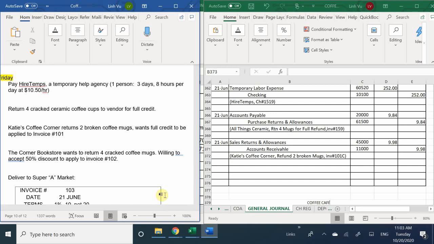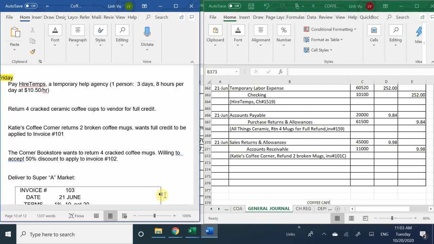Corner Bookstore wants to return for cracked coffee mugs. Willing to accept 50% discount to apply to invoice 102. Okay, so we have another customer who says, I want to refund 4 of them, but we were able to convince them to keep those cups. Well, they're broken now, right?